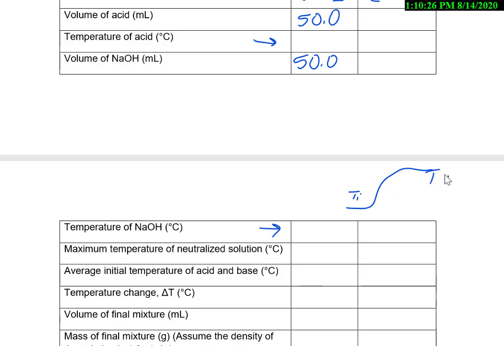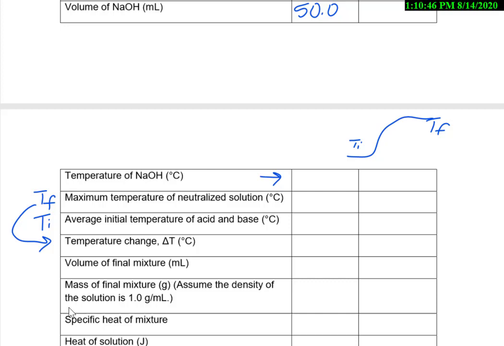And then here will be your final temperature. That's the maximum temperature of the neutralized solution. So you'll be able to calculate a change using these two, because here's going to be your TF and here's going to be your TI. So we'll know the temperature change. We'll use those to get here. Remember to watch sig fig rules.